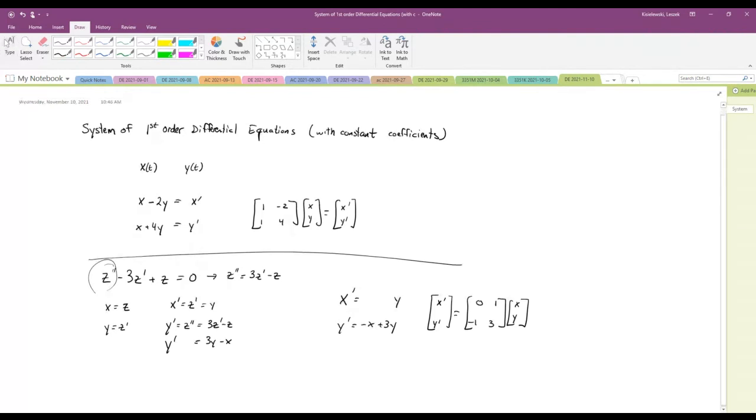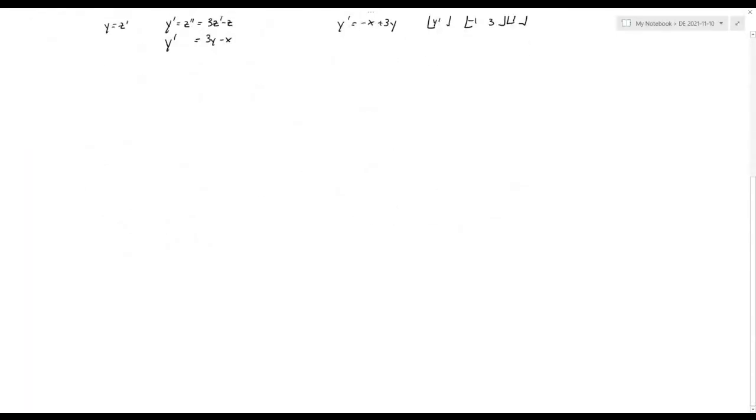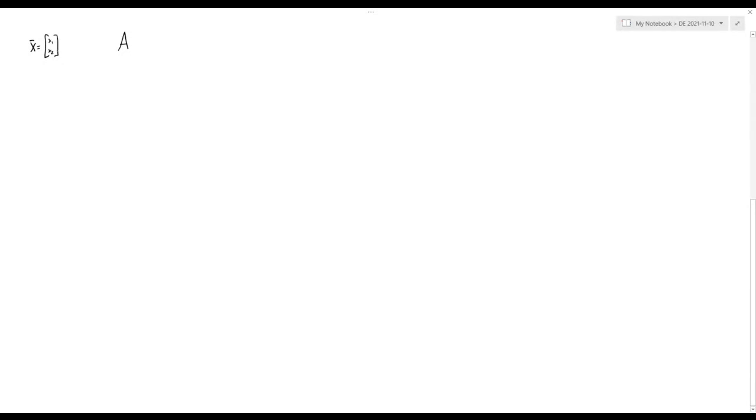So let's start. Here, let's say we have a matrix of constants A. Then we have, let's call it x bar, just to remind ourselves that it's a vector. It's going to consist of two unknown functions, x1 and x2.